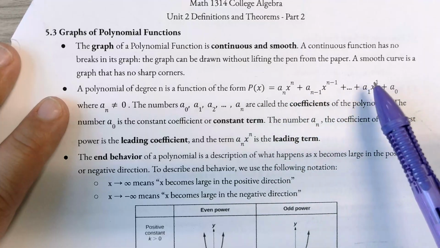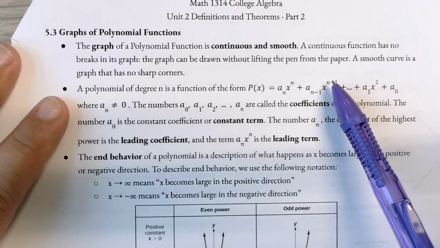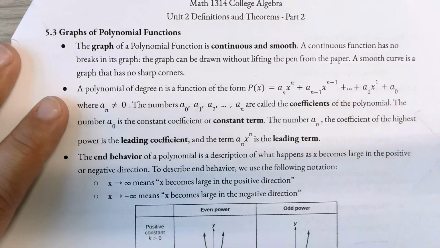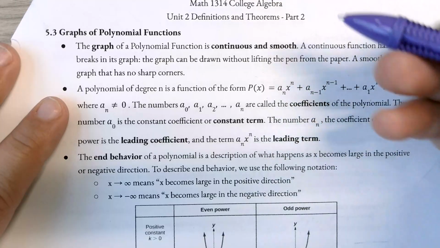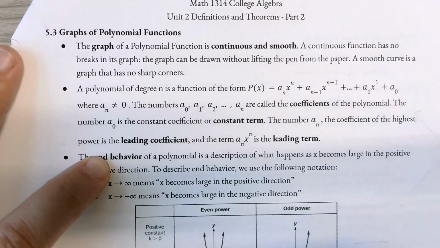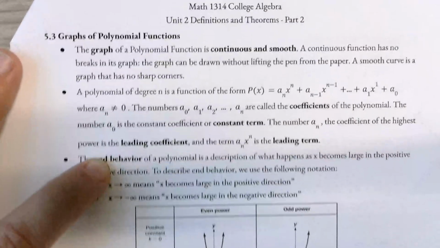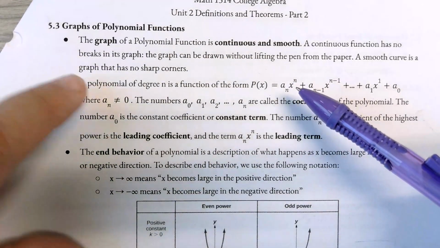So we're used to seeing powers of 1s, 2s, and maybe a 3, but a polynomial can be as large as we want it. And this power right here is called a degree, and it tells us how large the polynomial is, right?